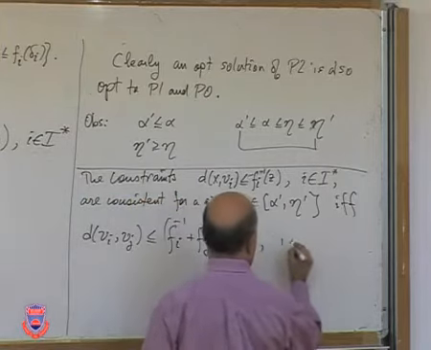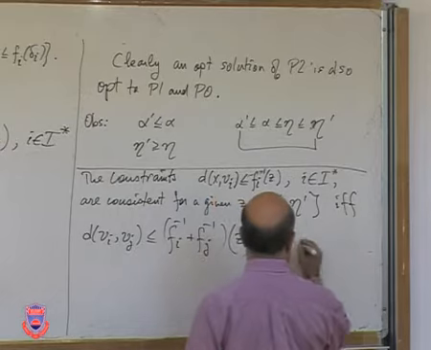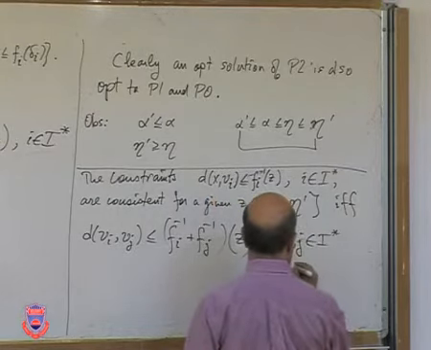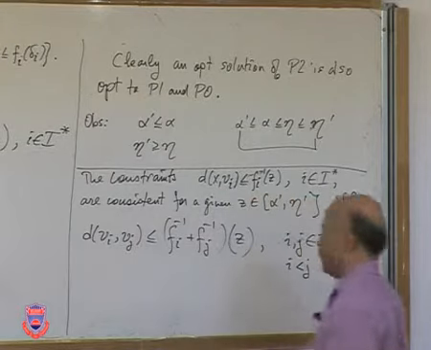This should be true for every i and j in I star with i less than j.